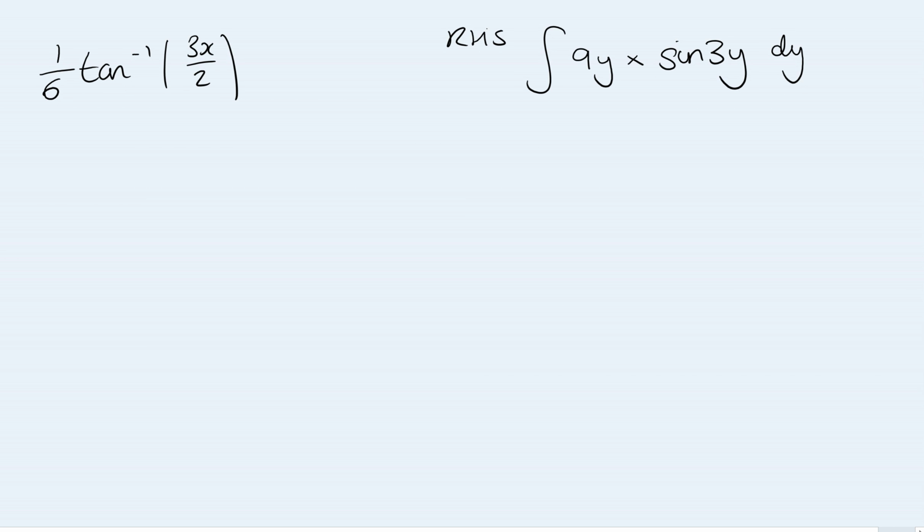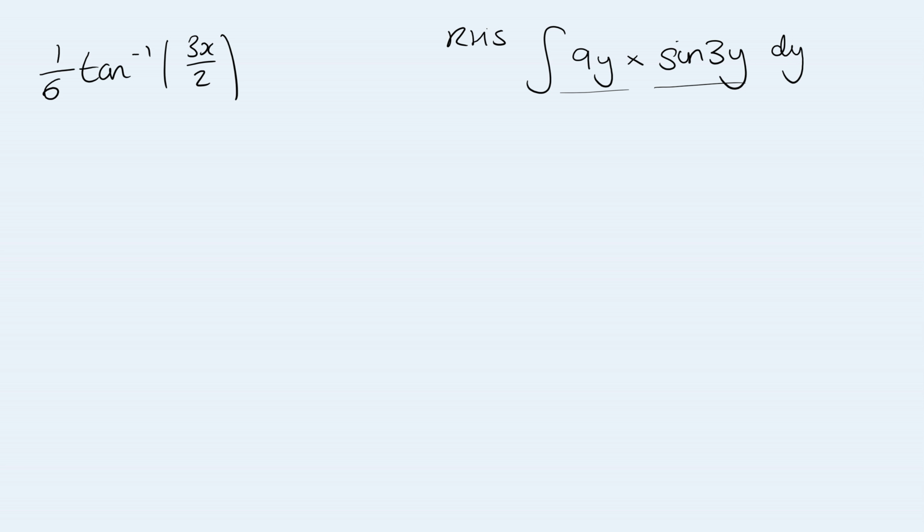Because we're going to do integration by parts, I've got two different functions multiplied together. Here's our by parts formula, and if we remember the little acronym LATE, late, to remind ourselves what we want to choose u to be. So u is logarithms, algebra, trigonometry or exponential. So it's going to be an algebra term of 9y.